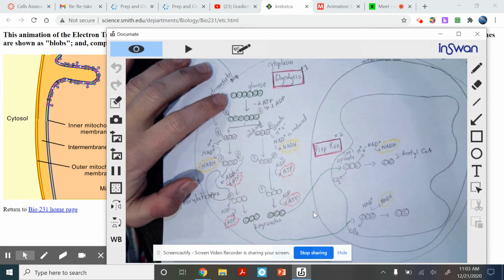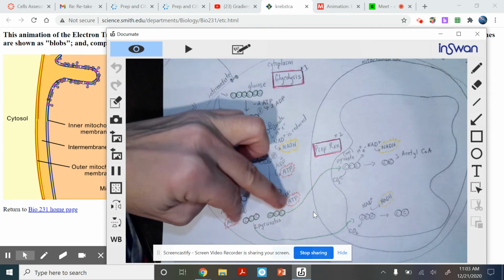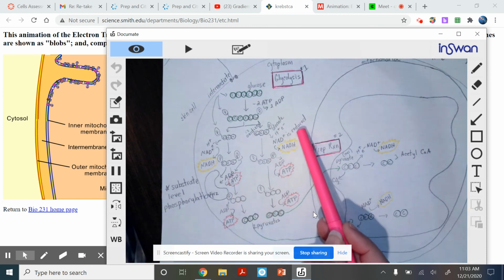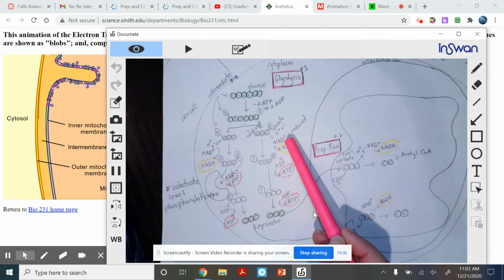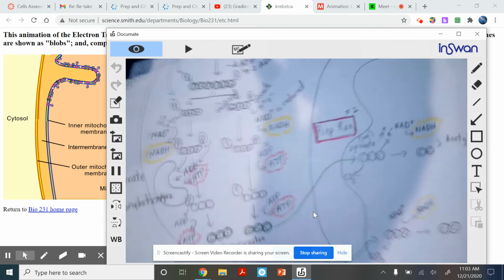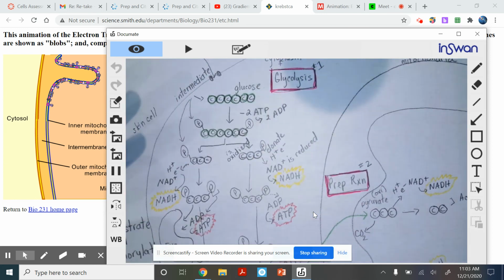Anytime we see this process, we start with glucose, and when we're done, we end up with 2 pyruvates. We've got some ATP being made, and we have reduced some NAD plus to make NADH. So this is glycolysis.